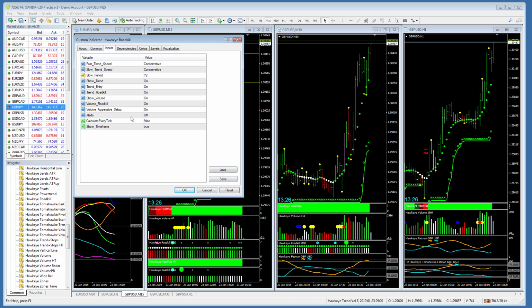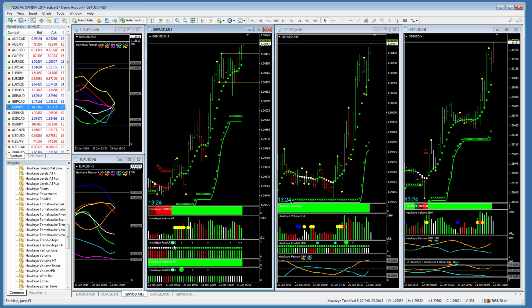And then it signals me when the 30-minute aligns with the 15-minute. So this signal right here that you see, this little dot, tells me that the trend and volume on the 30-minute have aligned with the trend and volume on the 15.